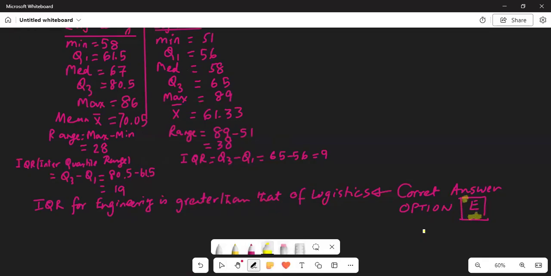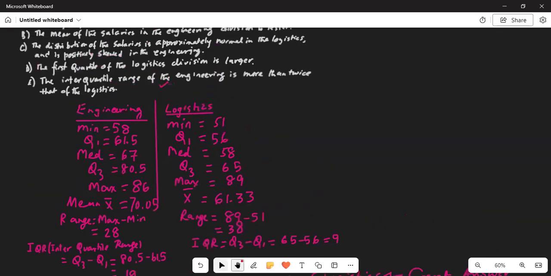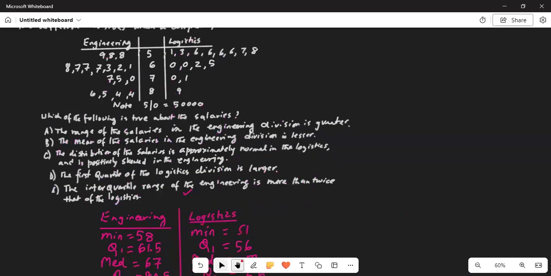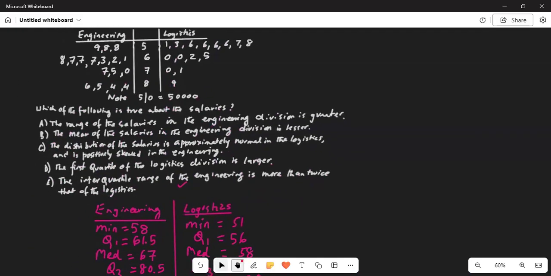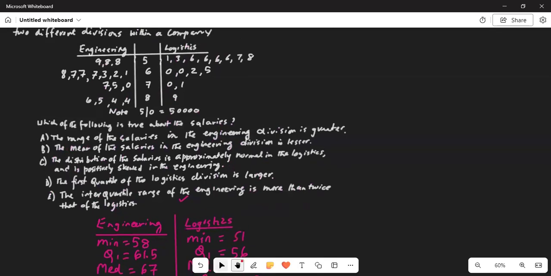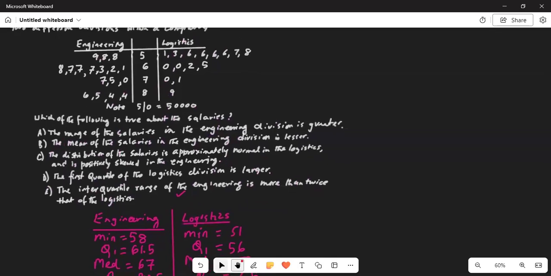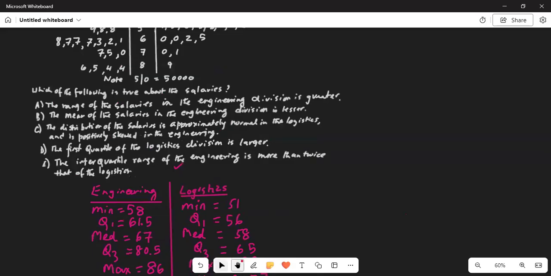Okay, so let me summarize what I did and give you some important hints. First, I entered the data in L1 and L2 of the calculator. For logistics, I entered in L1, list 1. Engineering, I entered in L2, or list 2.